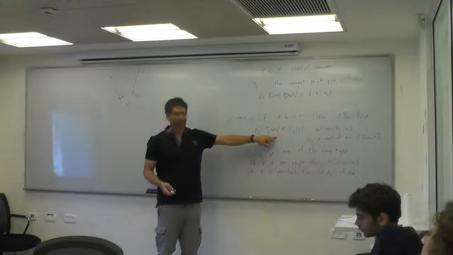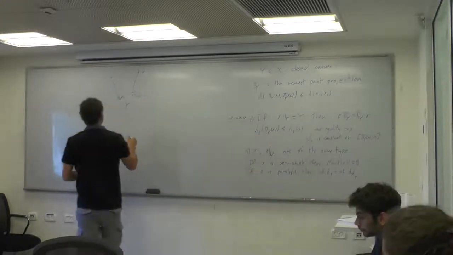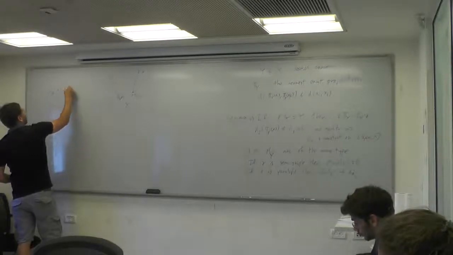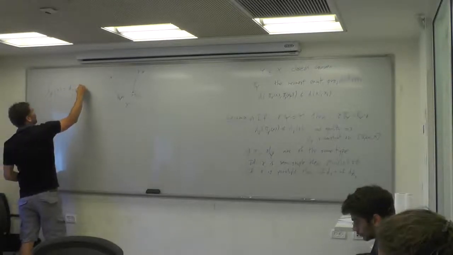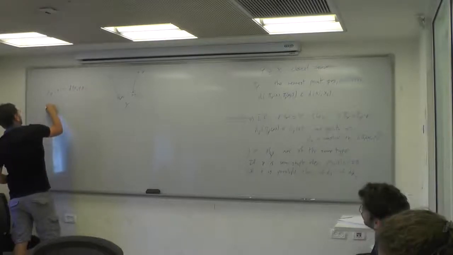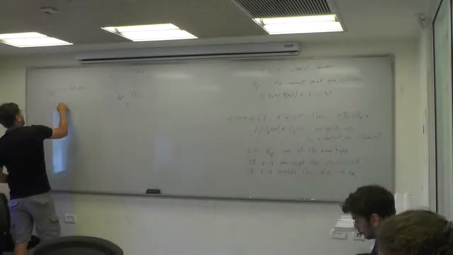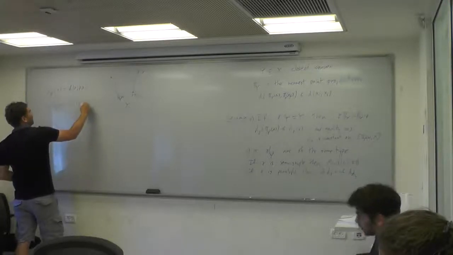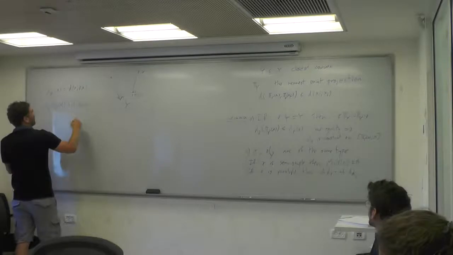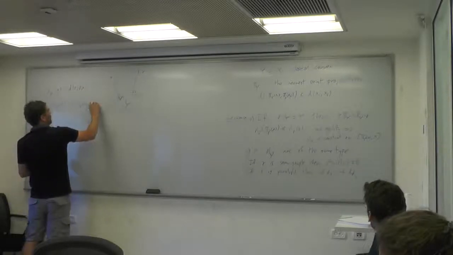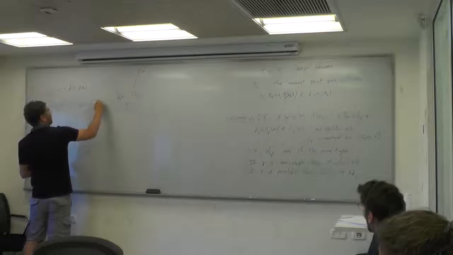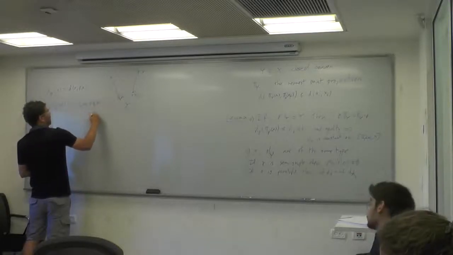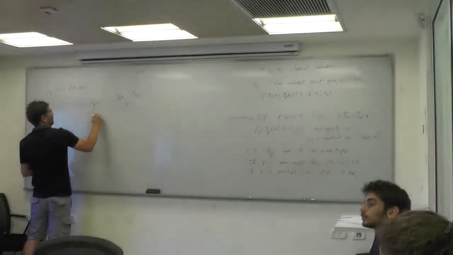The distance, by definition, d gamma of x is the distance between x and gamma x, and d gamma of pi y x is the distance between pi y of x and gamma pi y of x, which is the same as pi y of gamma x.